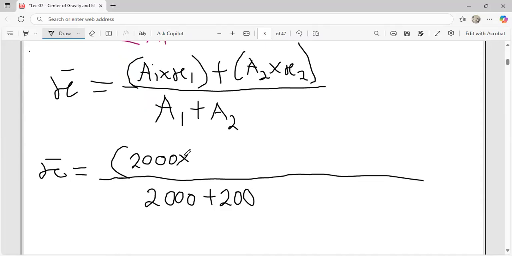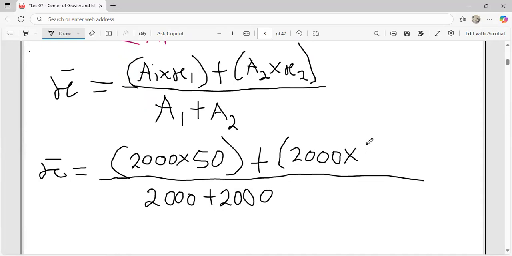So let's quickly put it in. This was 50. Let's close the bracket, plus another 2000 times 50. At the end of the day, what are you going to get?